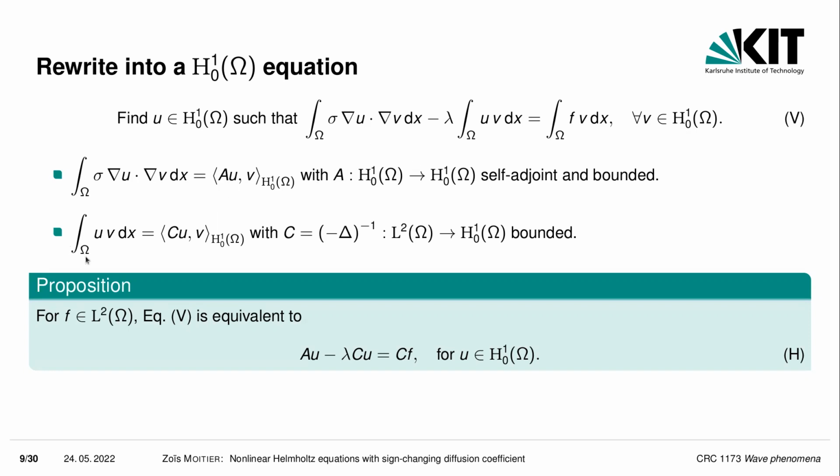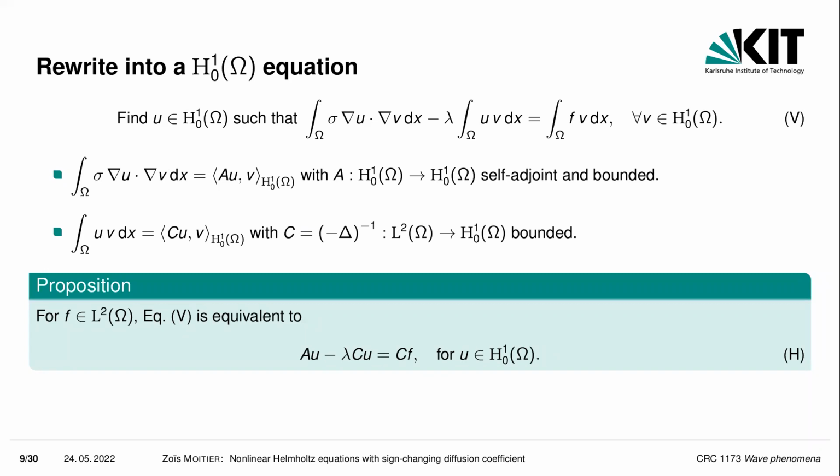And I can transform the integral of uv into C(u, v), and this is the scalar product on H10. And C is basically just the inverse of the Dirichlet Laplacian, which is a bounded operator from L2 to H10. And so once you have written these two identities, the equation can be turned into this one directly. And we have that our equation is equivalent to this one. This is an equation only posed on H10.